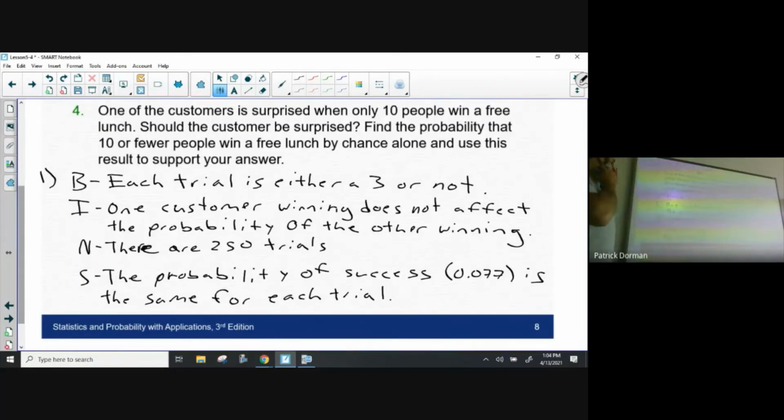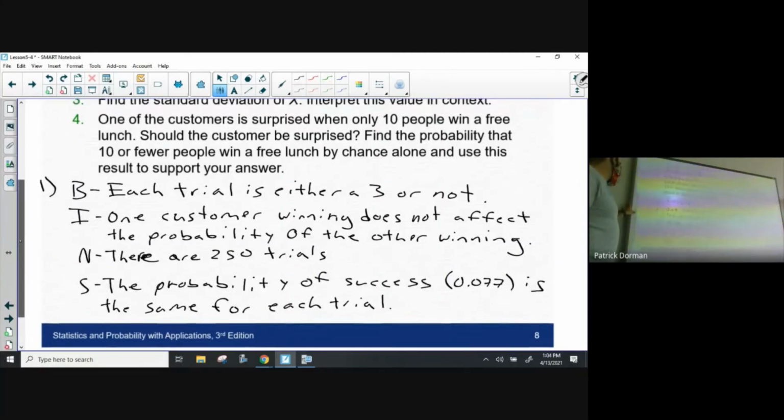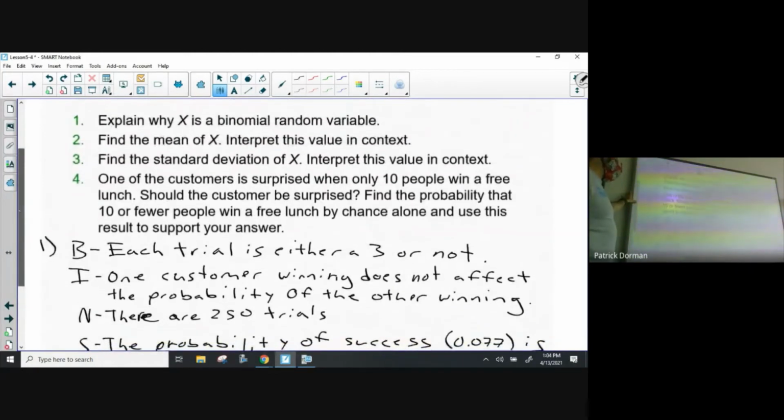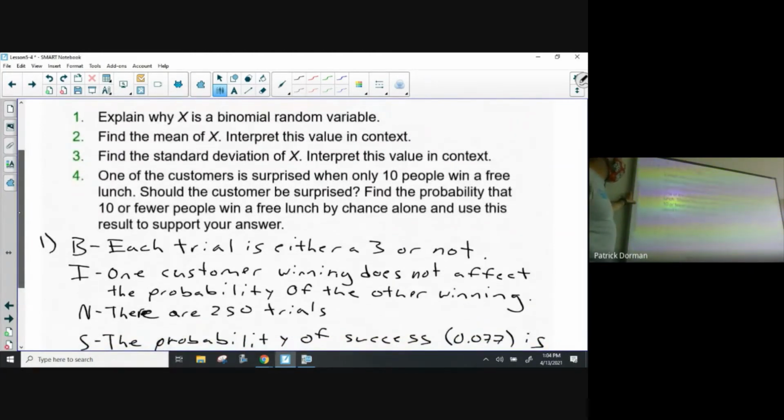And there you go. Number one is done. We checked BINS, and each one of these elements of BINS is satisfied. So then we can say that we have verified that X is a binomial random variable.